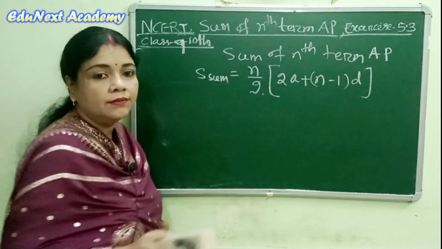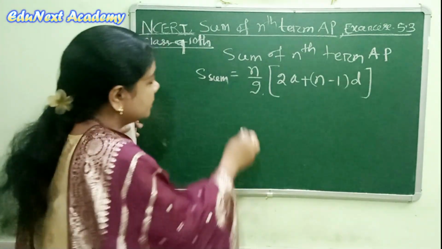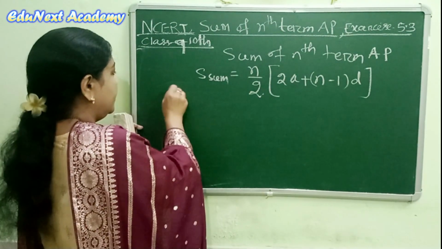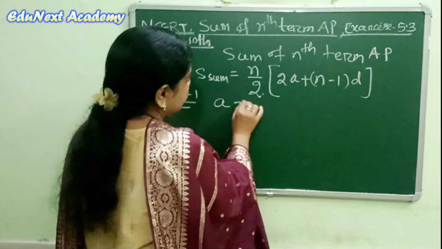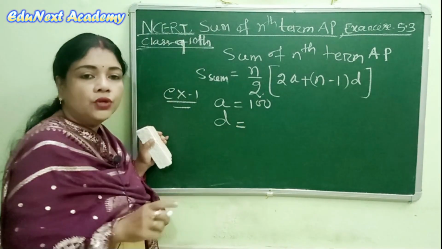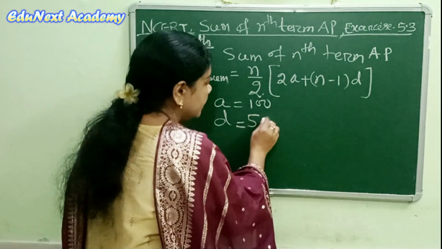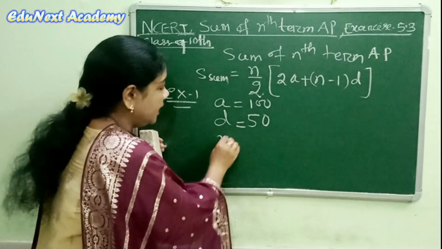Let us take an example to solve. Find this sum. Example 1 is given: here a is equal to 100, suppose, and d, the common difference, is 50, and we have to find the sum of 21 terms.